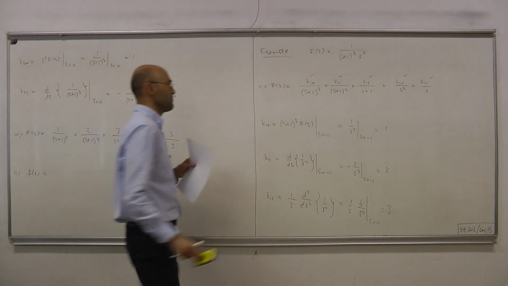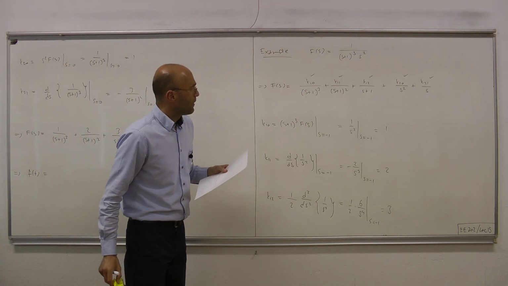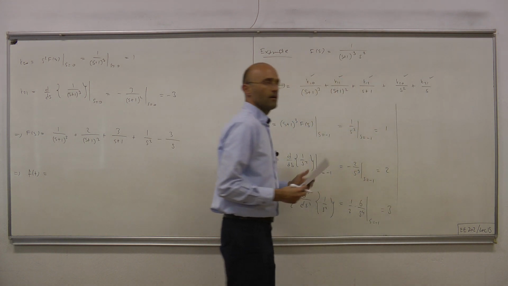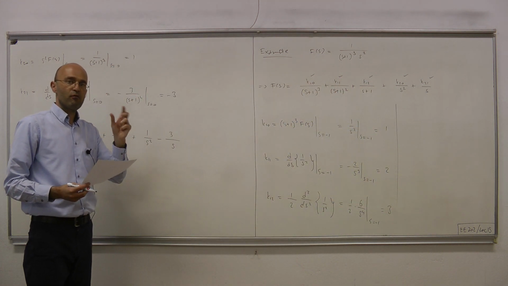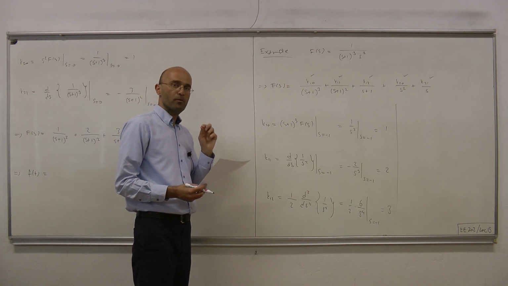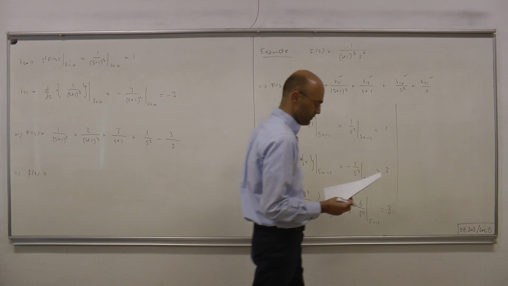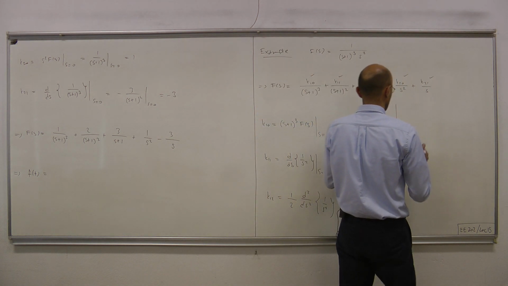For that, let's quickly remember here, why not, some of the f of t, f of s pairs, and also a property of Laplace transform that we have discovered in our previous lectures.